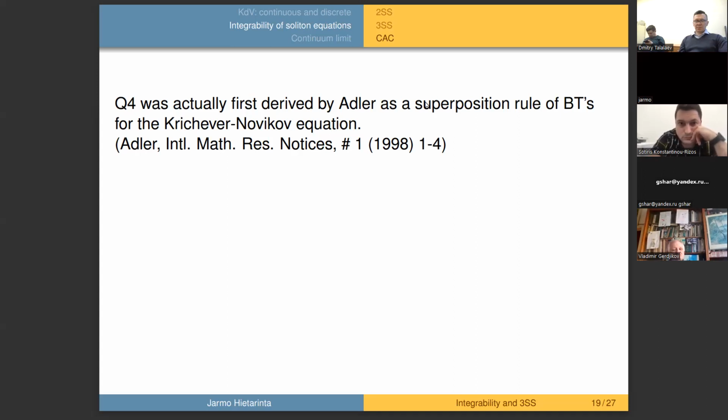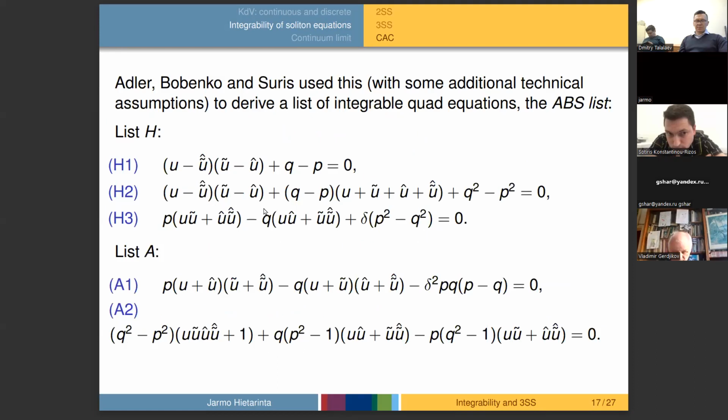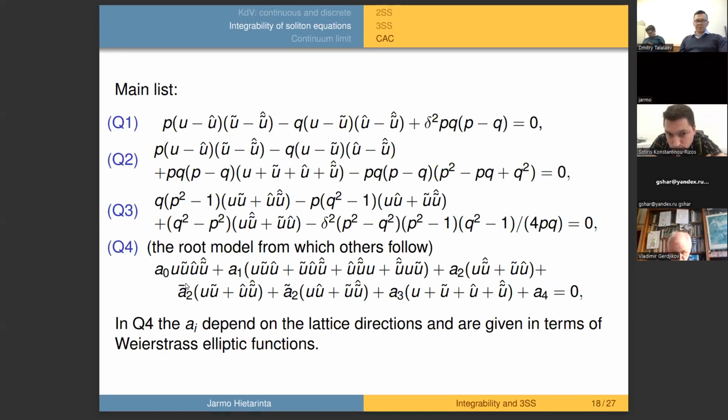This paper is rather short and a little bit difficult to read, but anyway, it's there. Later I derived a simpler form for the Q4 because it only includes these Jacobi elliptic functions. So I didn't even write down the coefficients of this Weierstrass form.